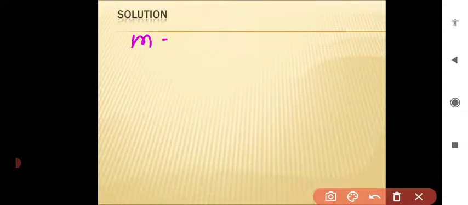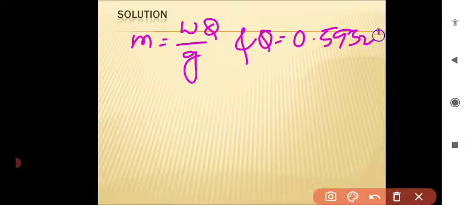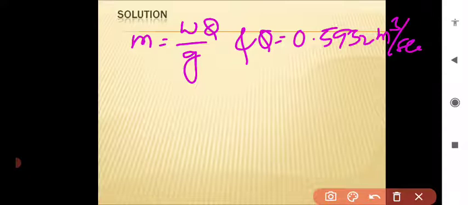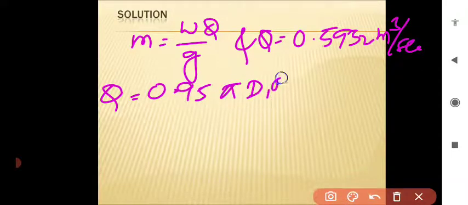M is equal to WQ by g, but Q is equal to 0.5952 meter cube per second, given in this problem. But Q is equal to 0.95 into pi into d1 into b1 into vf1.